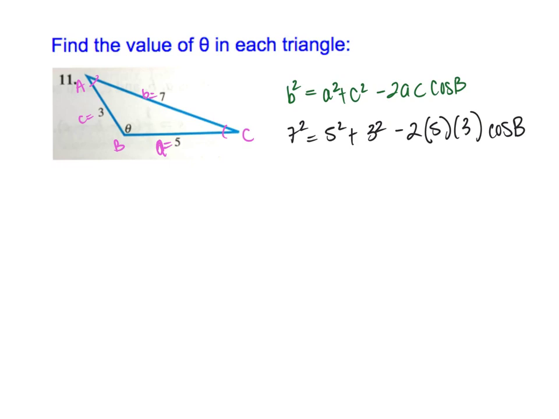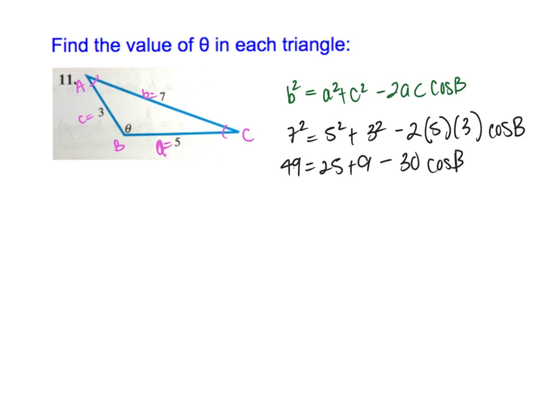So in this case, I'm solving for B. I'm going to multiply these out for a moment. 7 squared is 49. 5 squared gives me 25, plus 3 squared, which is 9. If I multiply this out, 2 times 5 times 3 gives me 30. And then I have a cosine of B.